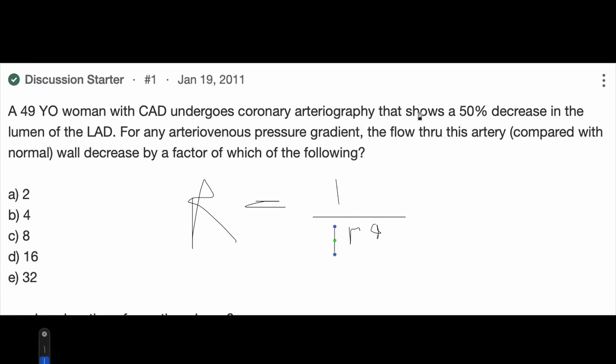Then they're telling you that it shows 50%, which is half of 100%, or 0.5. So instead of 1, you put 0.5, and that is your radius. Then all you do is 0.5 to the power of 4.